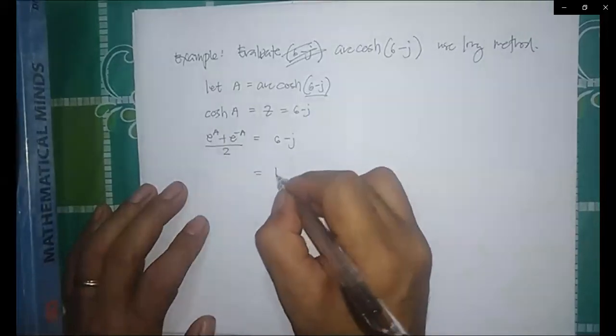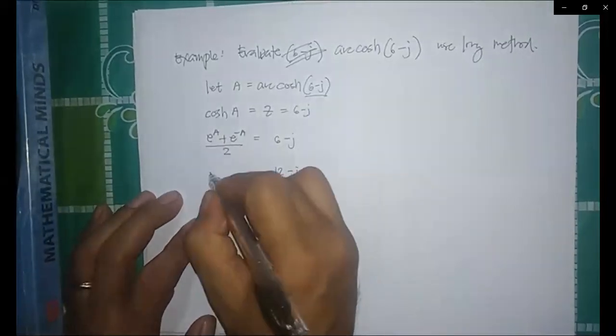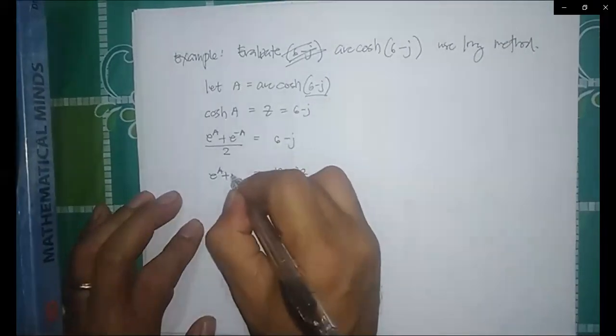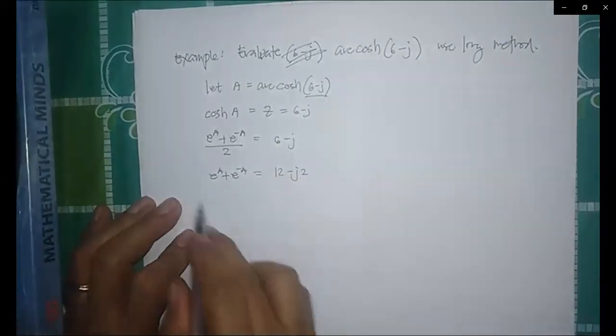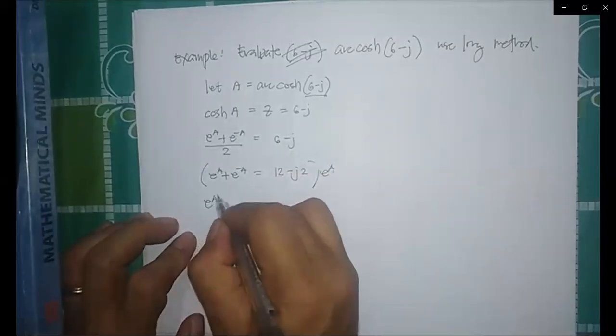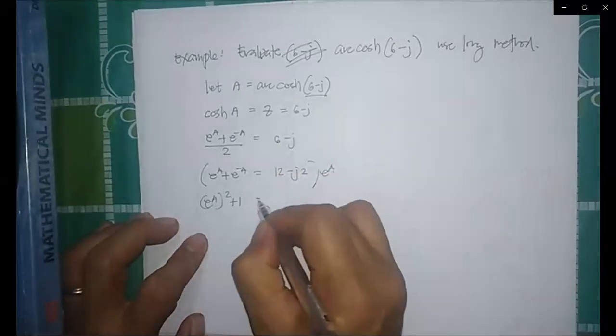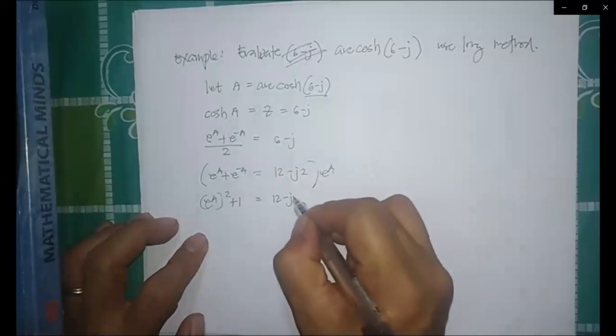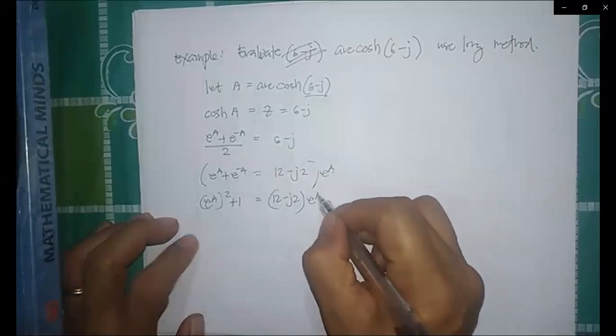Now, if you multiply 6 minus j by 2, that will become e raised to a plus e raised to minus a, which is equal to 12 minus j2. Then we will multiply the whole equation by e raised to a to make it a quadratic equation.